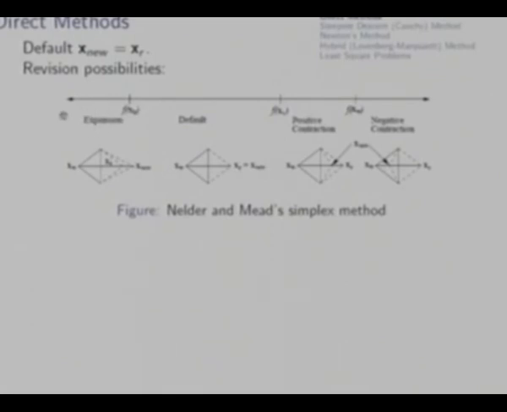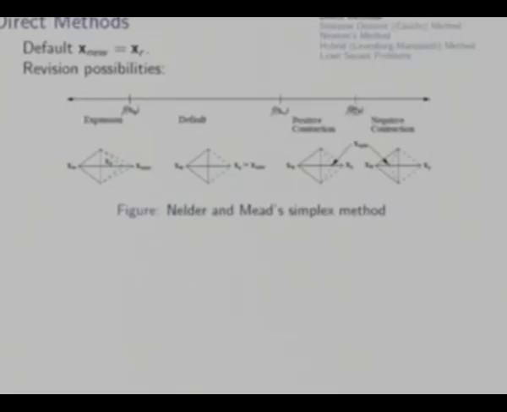On the other extreme, if the function value at xr turns out to be worse than the current worst point, that means that staying on this side of the plane itself is better, because on that side it is even worse. So, then we consider a negative contraction on the old side itself, not on the new side at all.